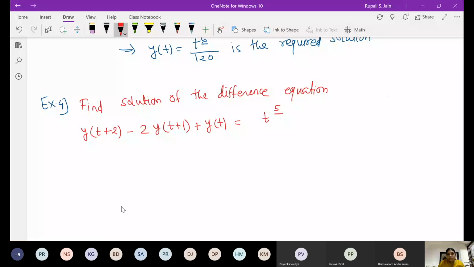Okay, you take that as homework. Instead of 5 falling, I will write here t, t minus 1, t minus 2. Okay, so this is today's homework. Is that okay? Now you can do, this is delta square y t is equal to t to the 5 falling.